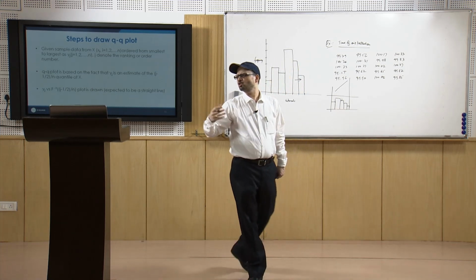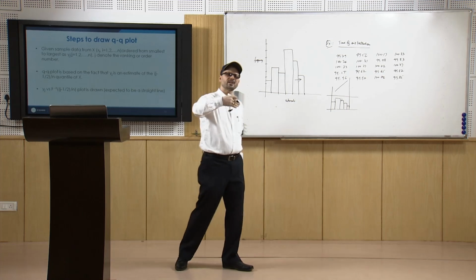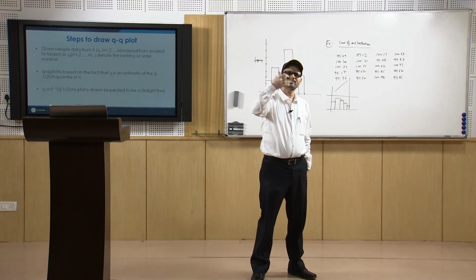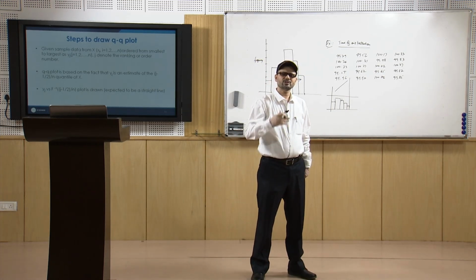Next it is (2 minus 1/2) by 20, so 3 by 40. So 1 by 40, 3 by 40, 5 by 40, and so on.